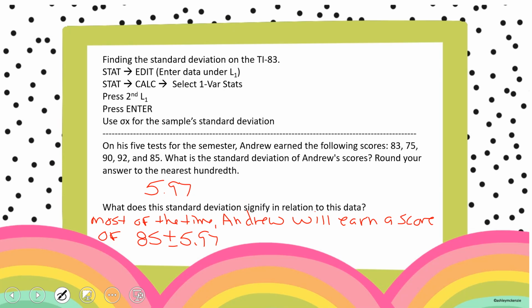You can calculate the two of those, or you can even round that 5.97 up to a 6 because we're talking about scores. That's going to be the majority of that data. It's going to be in that middle part of the curve. And that's what a standard deviation is. Okay, use all of this for your homework.